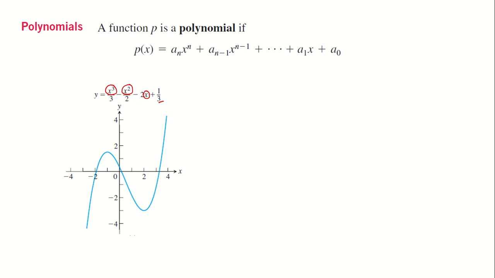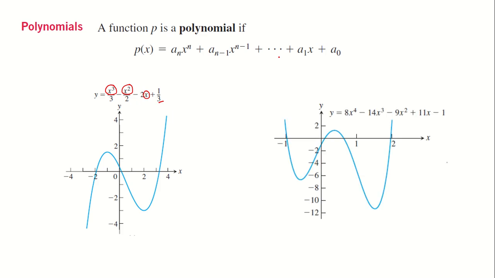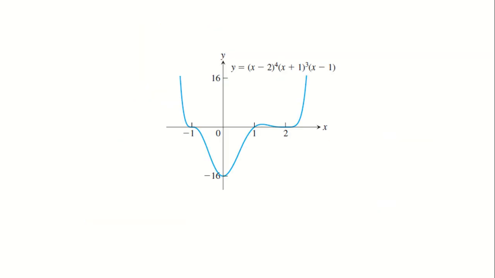If we go for x to the power 4, that is 8x to the power 4 negative x cube, 14x cube negative 9x squared plus 11x negative 1. It is also a polynomial function. All natural numbers are positive basically, right?